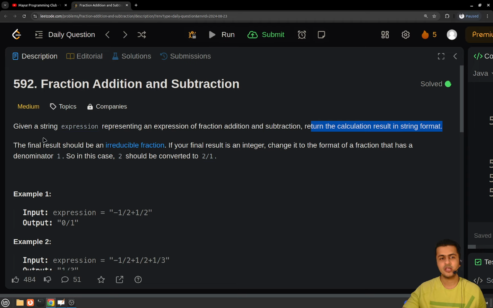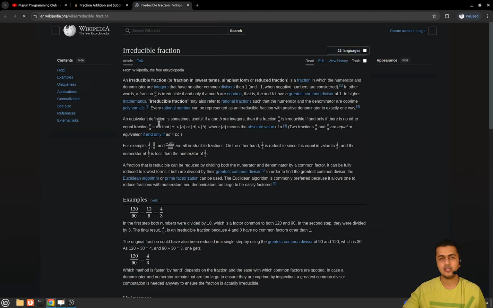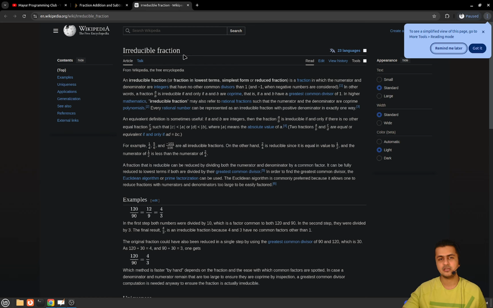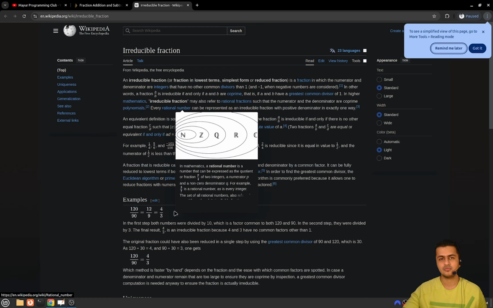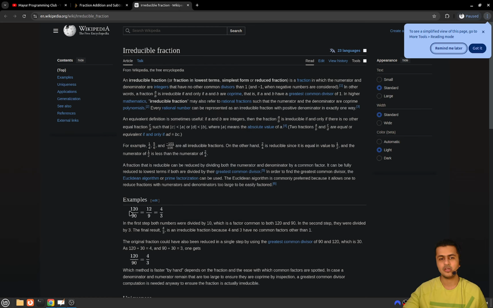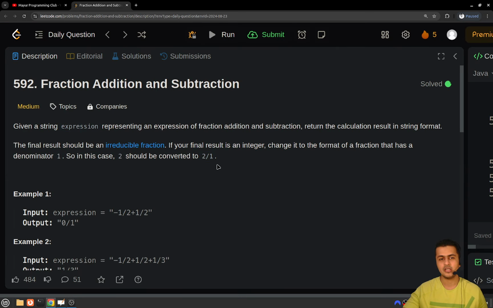And the final result, it is mentioned, should be an irreducible fraction. An irreducible fraction is one which cannot be reduced any further. For example, you can take this example 120 by 9, and you reduce it down to 4 by 3. I hope you all know what an irreducible fraction is.